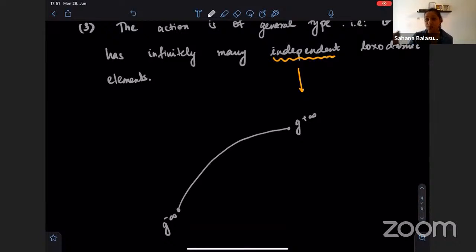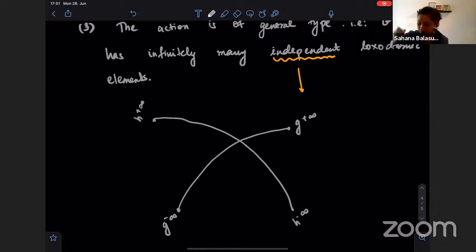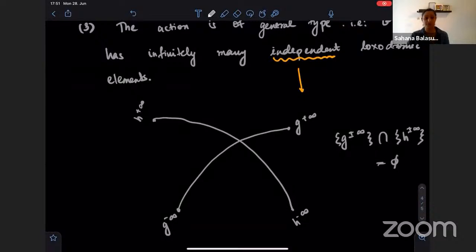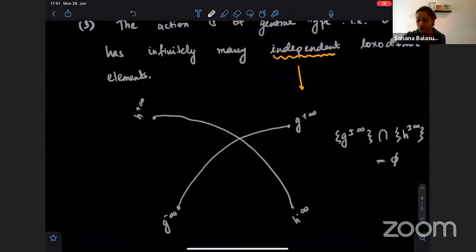And if H is independent from G, then its axis will look like this, where again you have the H plus and minus infinity associated to it, but these two sets are completely disjoint. Okay? So it gives you this nice transverse pair of Loxodromics.